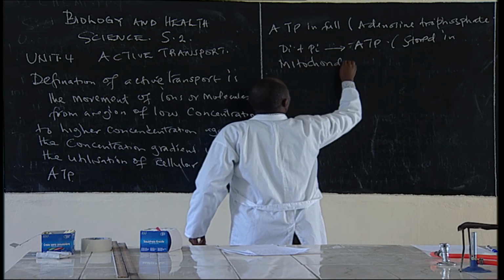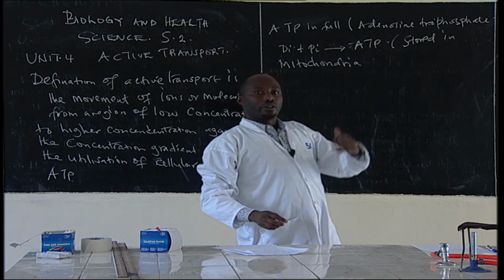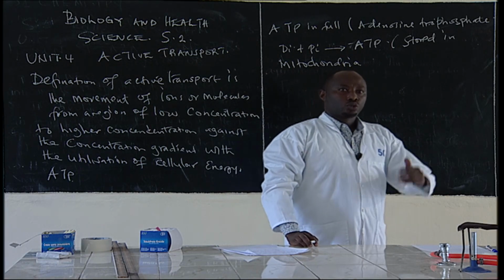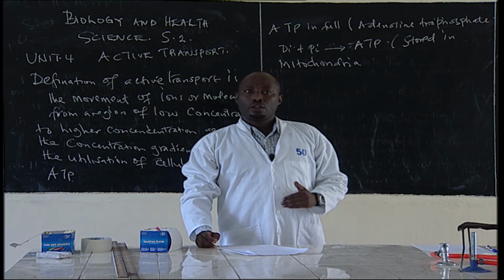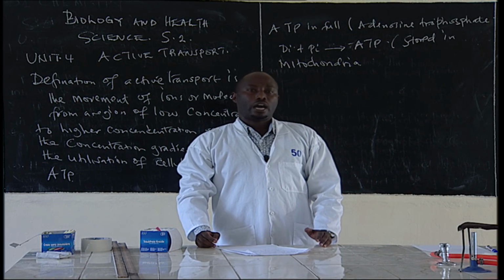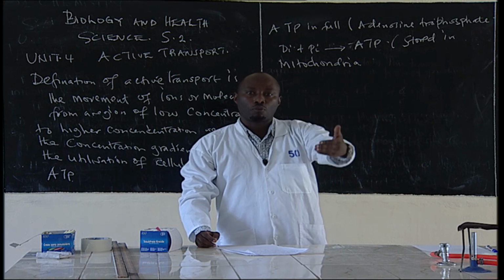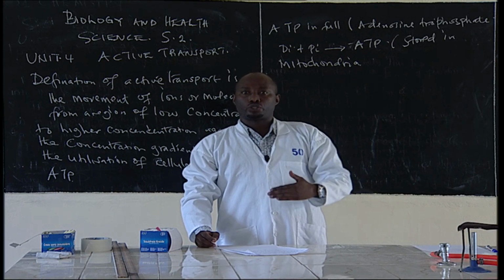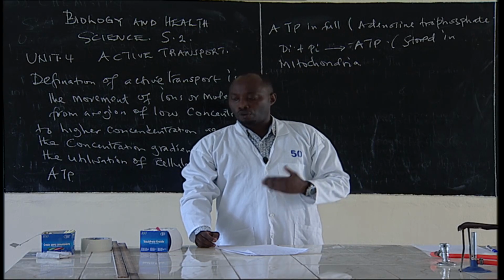Mitochondria, we call it a storehouse for cellular energy in the form of ATP. So some molecules move from lower concentration to higher concentration by being helped by the hydrolysis of ATP. The molecules can move from lower to higher concentration by the help of cellular energy, and that cellular energy must be in the form of ATP.